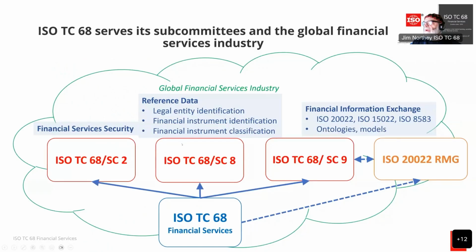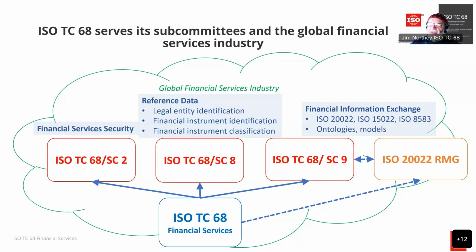So just a little bit of background on ISO TC68. We serve the entire financial services industry. We have 3 subcommittees where most of the work is done: information security, reference data, legal entity identification, financial instrument identification.